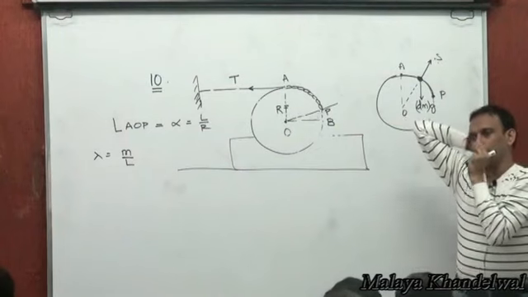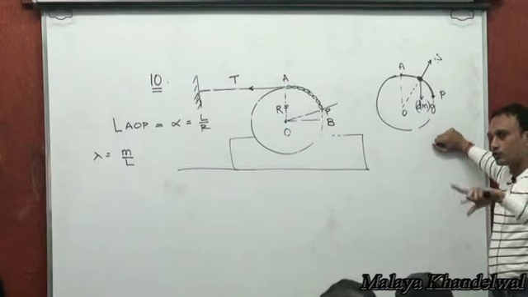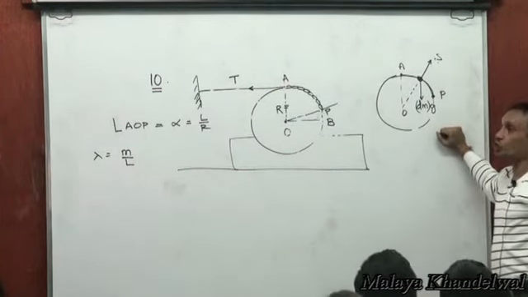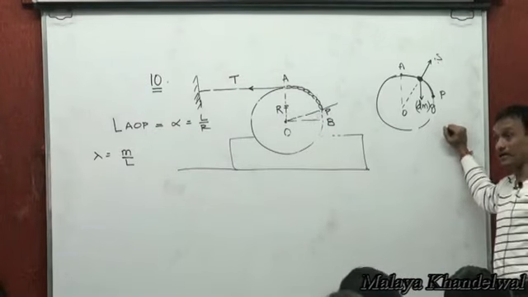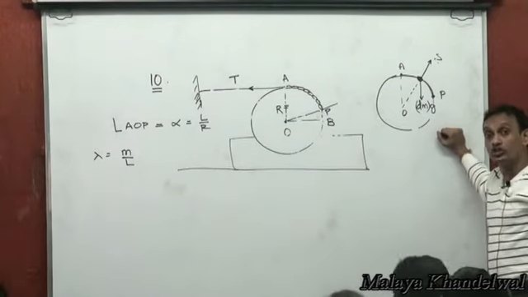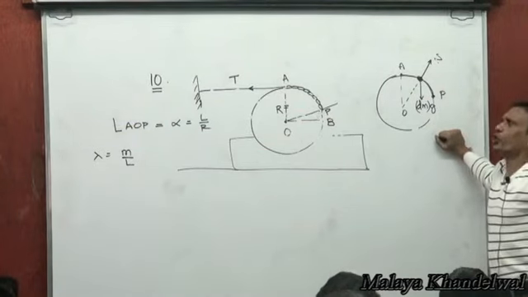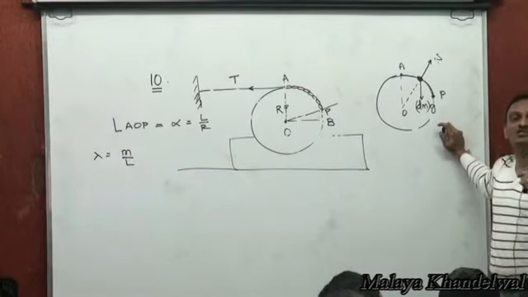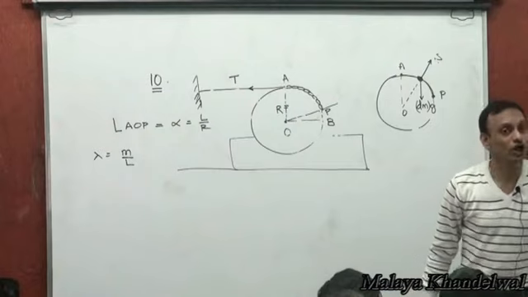Now, as far as the torque is concerned, rotational equilibrium means torque about any point must be zero. It's your choice, right? Now, why would I take torque about O? Because all the normal reactions pass through O, so I will not have the headache of computing the torques because of the normal reaction.